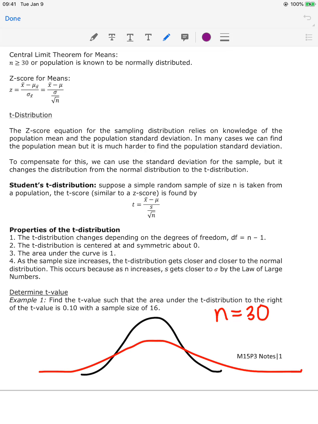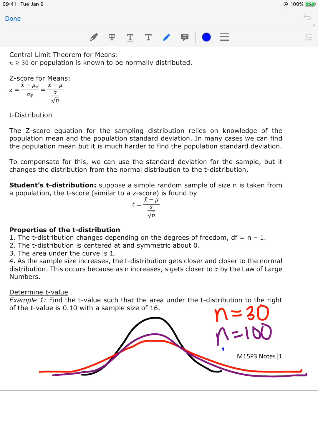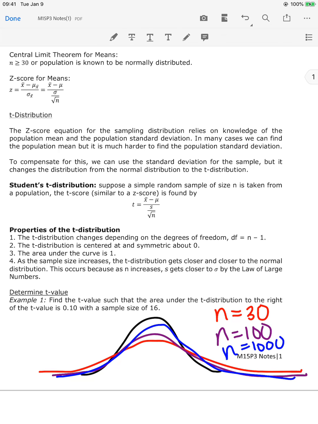If I take a sample of 100, then the t-curve looks a little bit closer to the normal curve. And then finally, if I take a sample of size 1000, my t-curve is even closer.